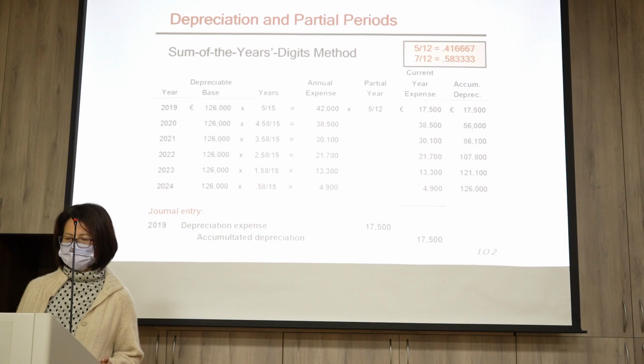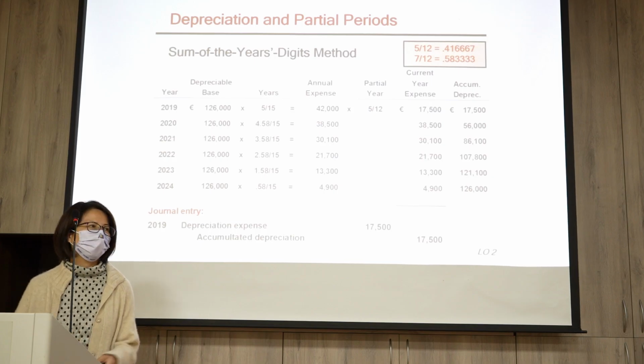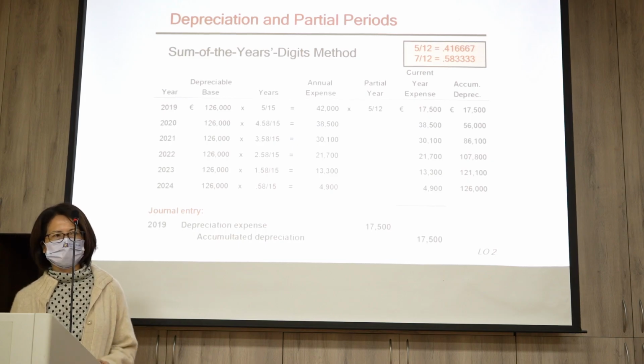Let's see, 1, 2, 3, 4, 5, 6. In 2024, this is the 6th year, so all the depreciable base is already moved to depreciation expense, and the remaining is the 24,000, the residual value. That is the CA, the book value after 2024.